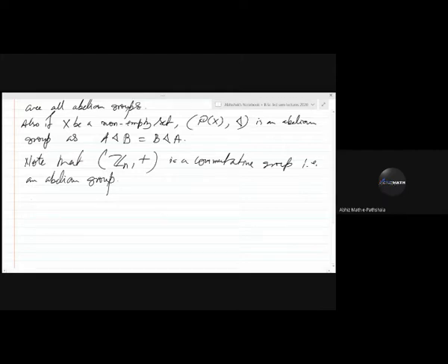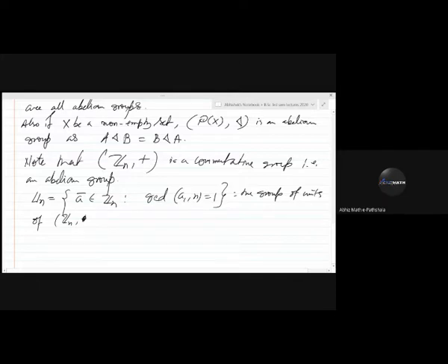And what about the group of units, that is Un, that I have defined already? That set of all those a classes which satisfies this property. The group of units of Zn, Un dot.